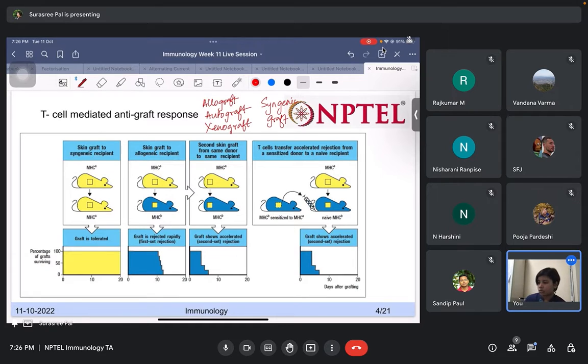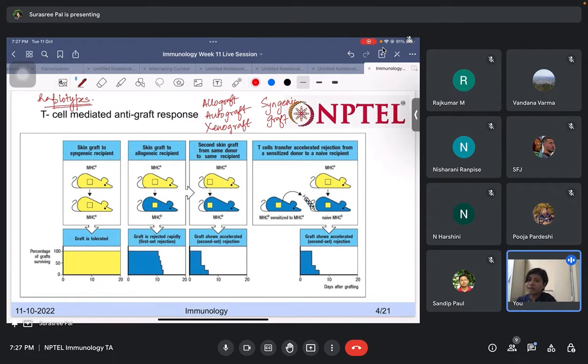So what happens here, you can see that when the skin graft is done to a syngenic recipient, that means genetically identical. MHCs have these haplotypes. Do you remember? It's the particular MHC molecules that are being expressed in one particular individual, right?